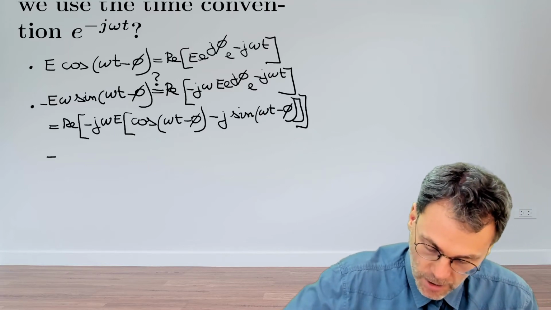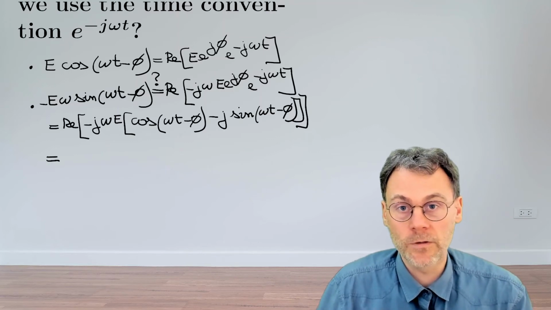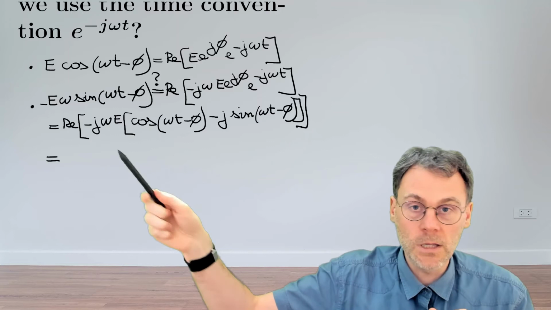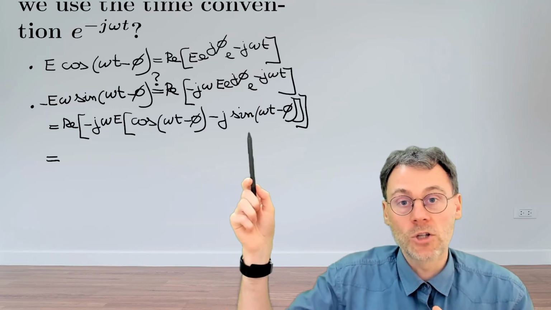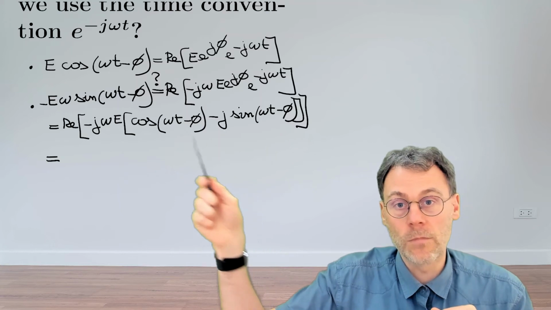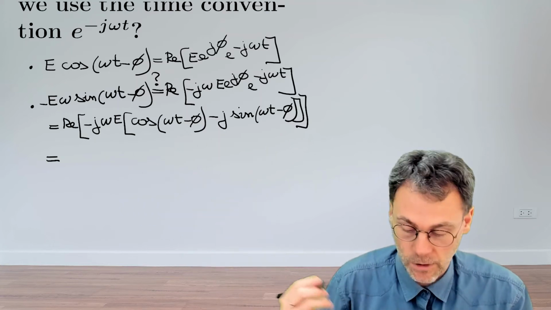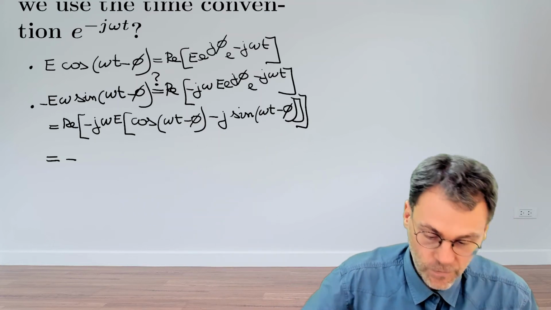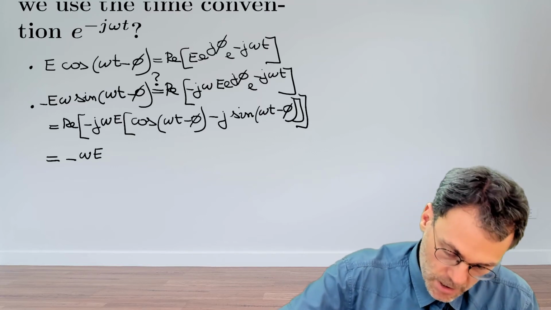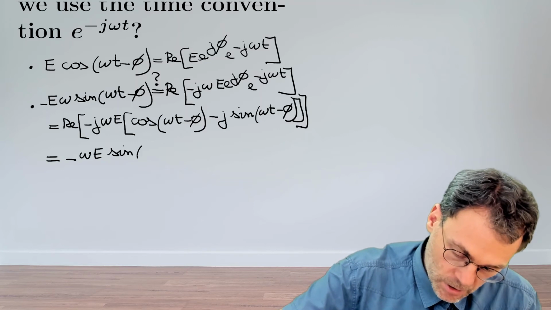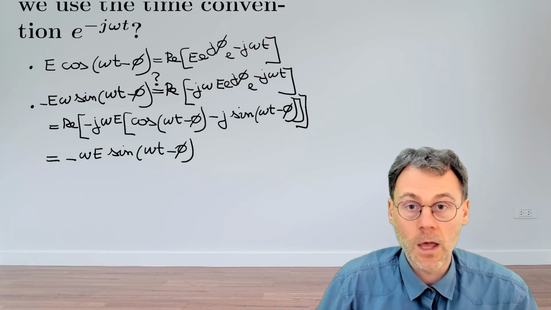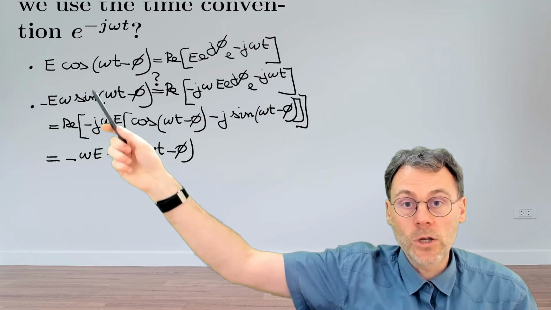Okay, and now we need to look at the real part of this expression. So we just need to look where this j and this j meet to give us a real part. j times j is minus 1. We have another two minus signs here, so altogether the three minus signs give us the final minus sign, minus omega E, and then we have sine omega t minus phi, which is indeed what we should prove here.